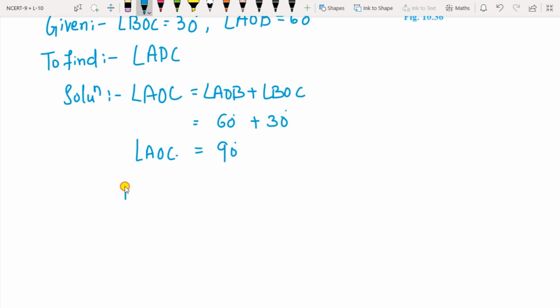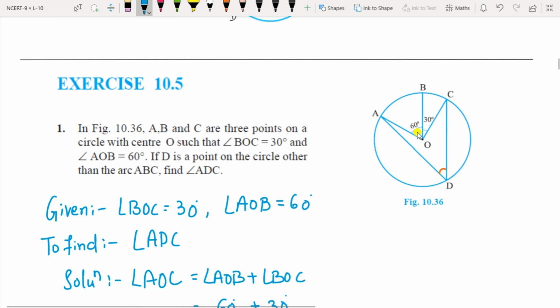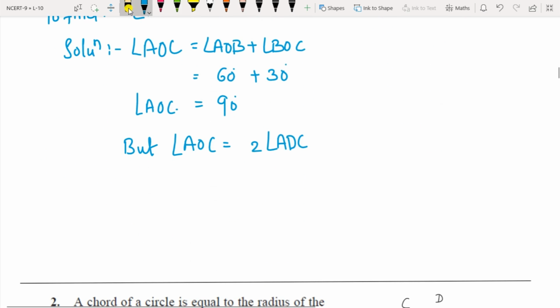But angle AOC is twice the angle ADC, since it is the center angle. So this angle will be half of this, or this will be twice this. So we can write ADC as half of AOC, that is half of 90.